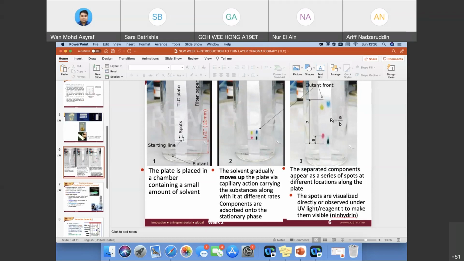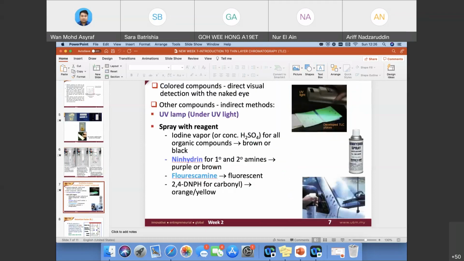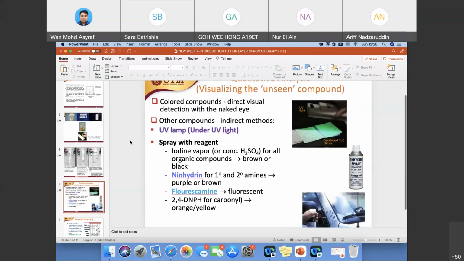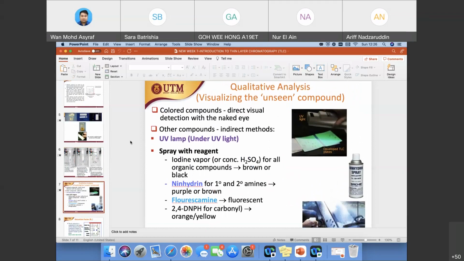So TLC, or thin-layer chromatography, is usually used for qualitative analysis. Qualitative analysis is just for you to identify whether your reaction has finished, or whether there are some starting compounds remaining.